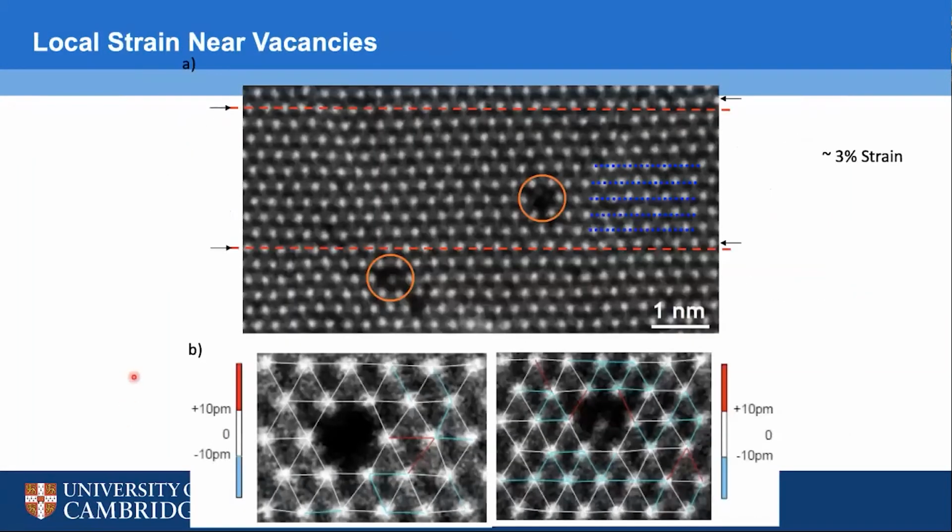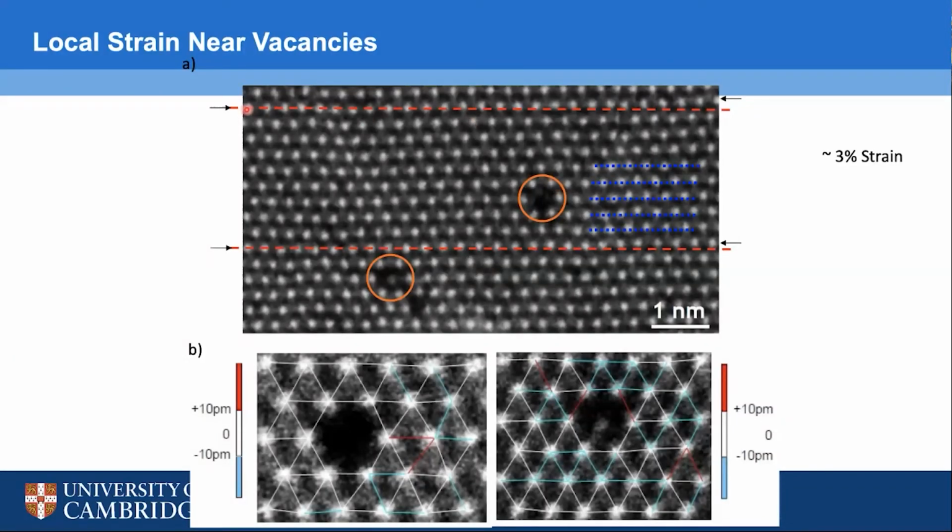performance. So in addition to this phase transformation from semiconductor to metal, we also imaged our material close to these vacancies. And what we find is that locally, there's a substantial amount of strain present.